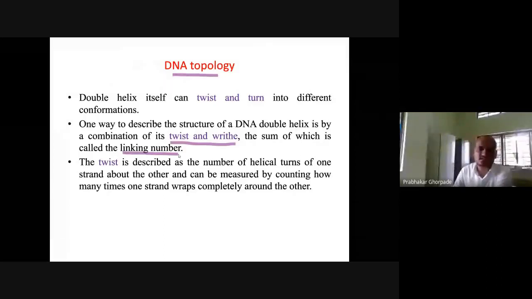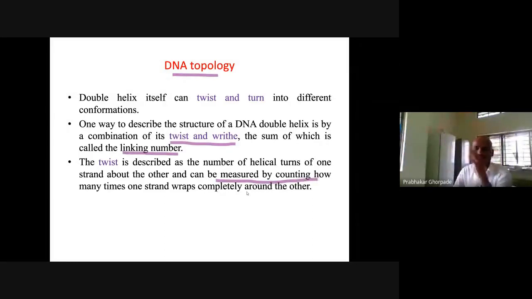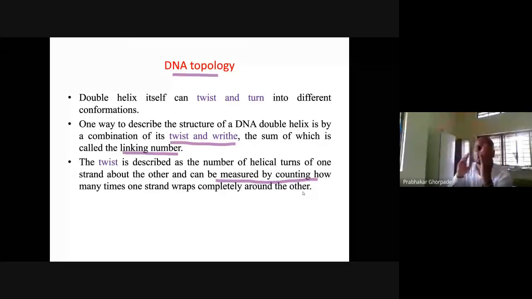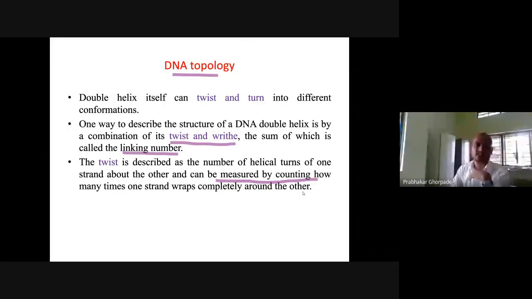What is twist? Twist is the number of helical turns of one strand about the other, and that can be measured by counting how many times a strand wraps around the other. So twist means one helical strand is there and the other strand is wrapping around it. How many times it wraps around the other strand is the twist for that DNA.